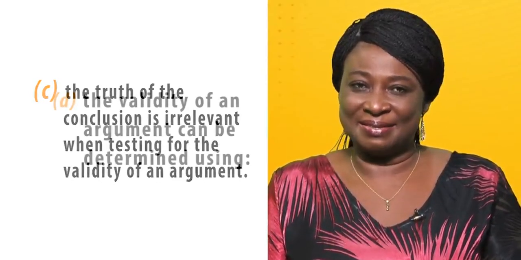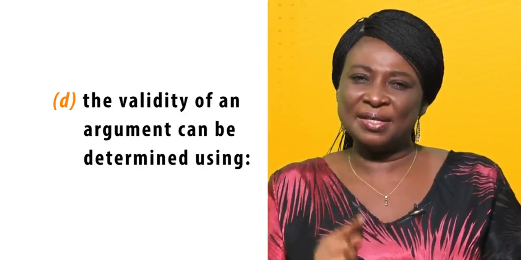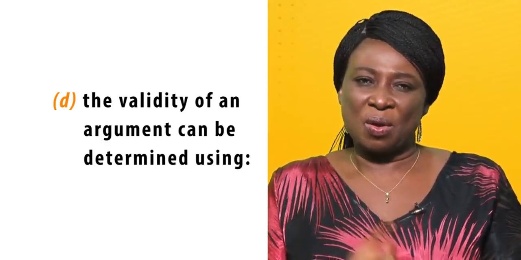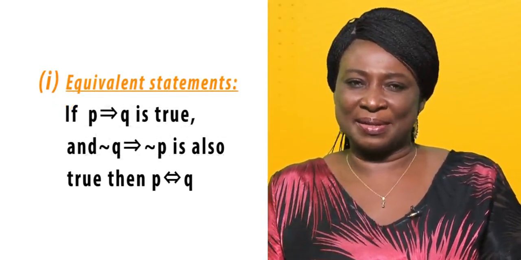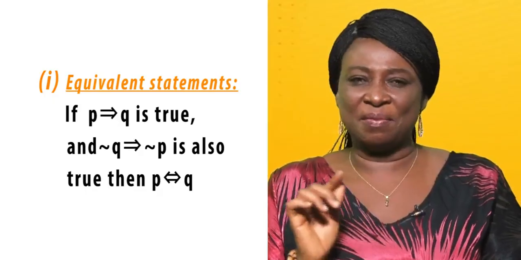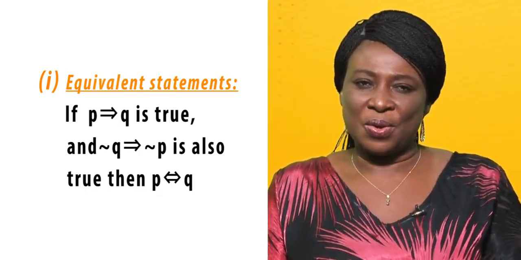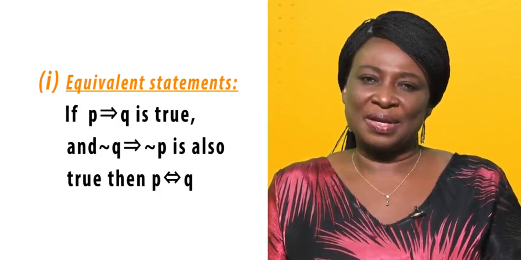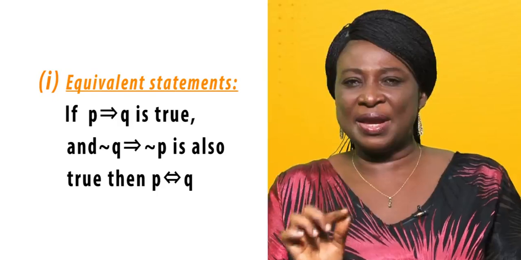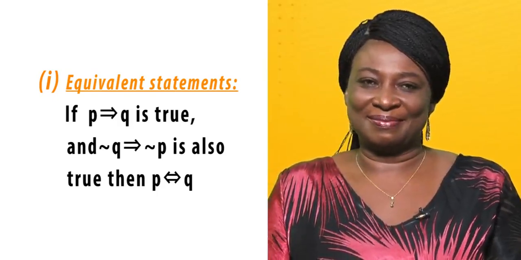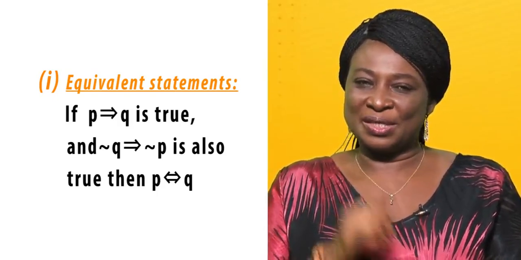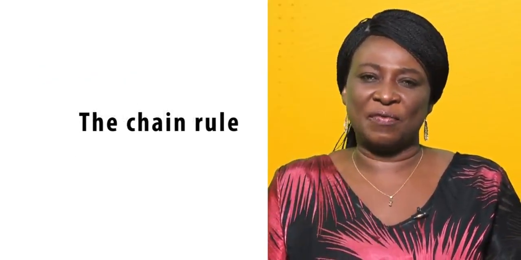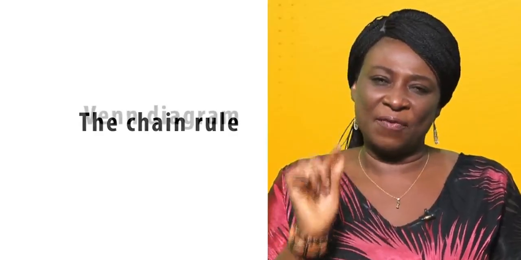Finally, D. That the validity of an argument can be determined using I. Equivalent statements. That is, if P implies Q is true and not Q implies not P is also true, then P is equivalent to Q. Also, we said we can use the chain rule to determine the validity of an argument as well as a Venn diagram.